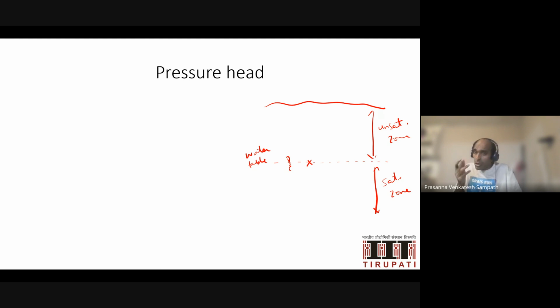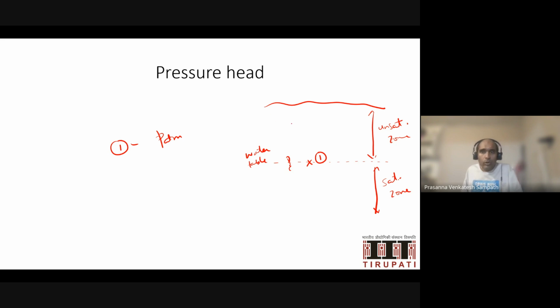Because the zone above it is unsaturated, so the air is connected all the way to the atmosphere, right? Whatever the pressure in the atmosphere, the pressure at the water table will also be the same as atmospheric pressure. Let's call this point 1. At point 1, we have atmospheric pressure.